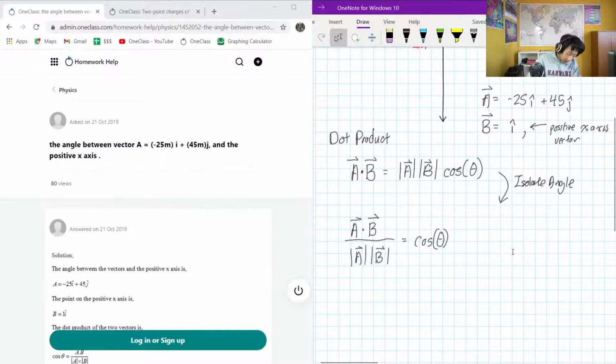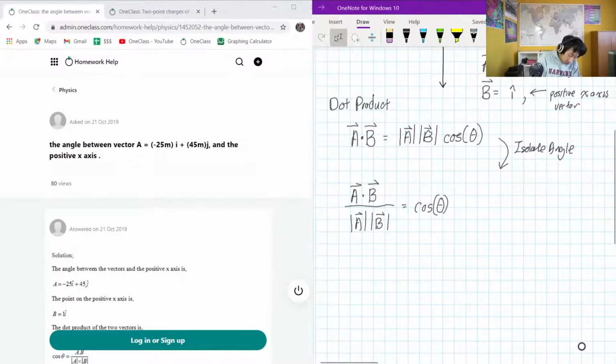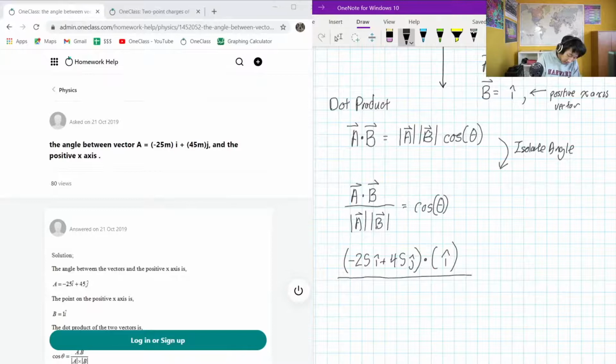Okay, so let's actually write out what this is going to be. I'll write this out very formally. So here we have the vector negative 25i plus 45j dot product with just I, divided by, well, the magnitude of A, we know that we have to do the square root of negative 25 squared plus 45 squared.